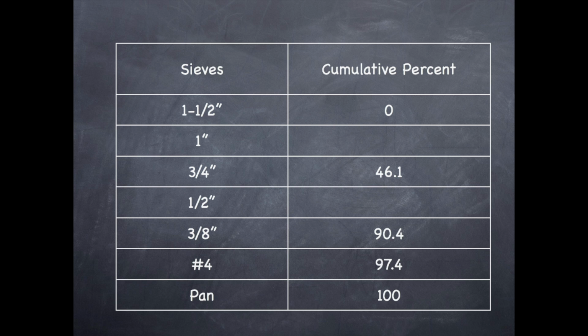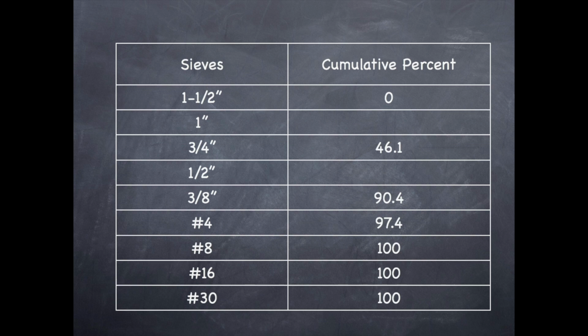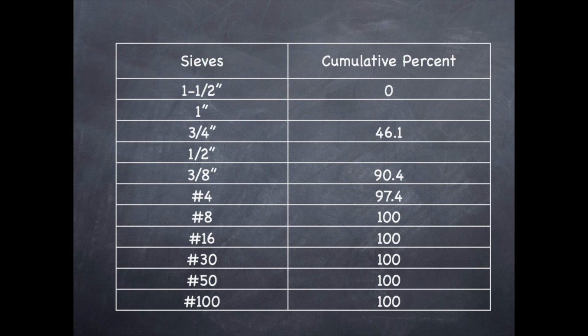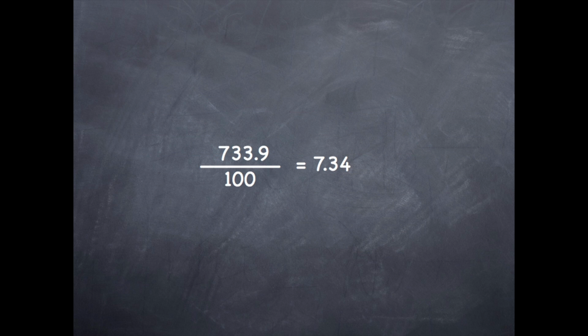Furthermore, we have to include the 8, 16, 30, 50, and 100 sieve in our calculation. And when we add these standard sieves into our calculation, we get a total of 733.9 for a fineness modulus of 7.34, rounding to the nearest 0.01.